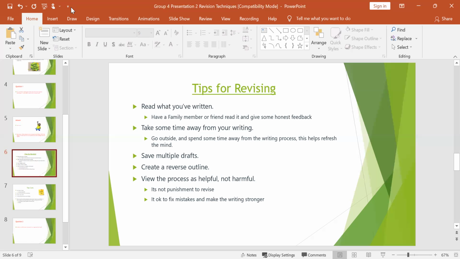Revising shouldn't feel like a punishment. There's nothing wrong when you get your paper back and there are red marks everywhere. Just know that this will make you a stronger writer. It's an important step, making your explanation flow and making it logical so the reader knows what we're trying to portray.